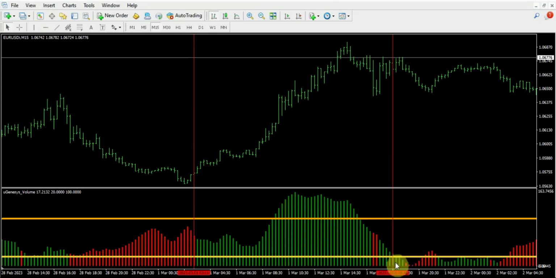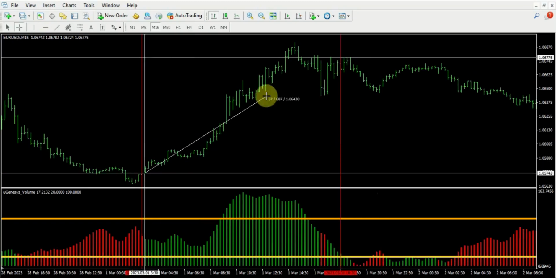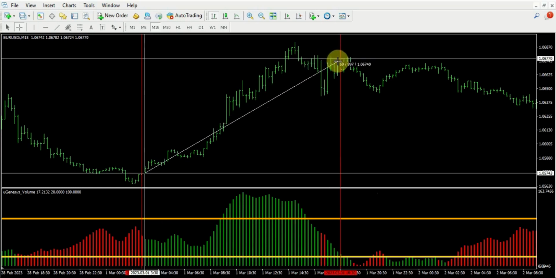Alright, so we're gonna exclude this section here where it doesn't cross, and we'll start from where it does, okay? And let's just measure the pips with our crosshairs tool now. Oh wow, so we see that's a movement of 100.8 pips, alright?